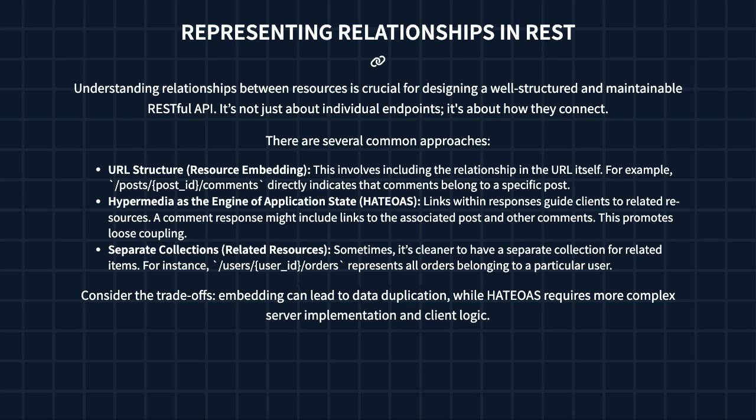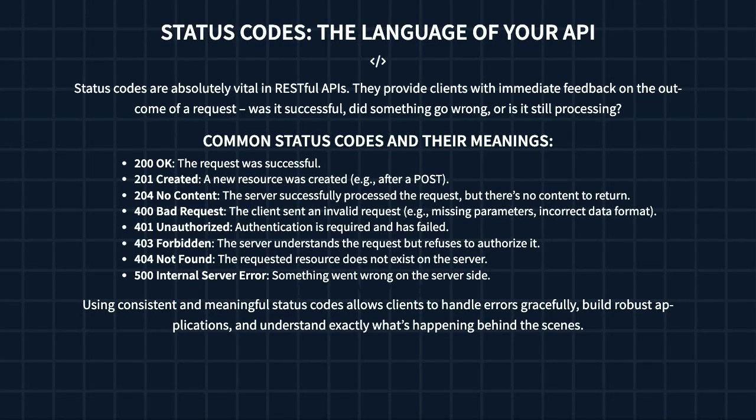Another powerful technique is hypermedia, where links are included in the responses, guiding clients to related resources automatically. Finally, you can also use separate collections for related data, such as /users/user-id/orders. Each approach has its pros and cons, so it's about choosing what best fits your specific needs and the overall API design.